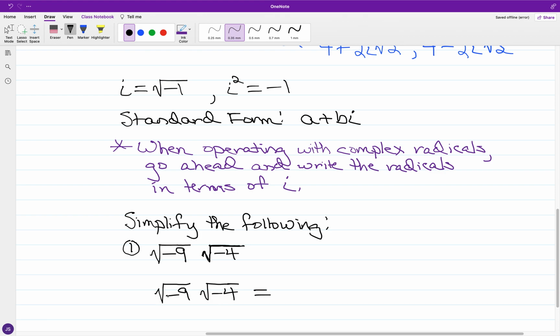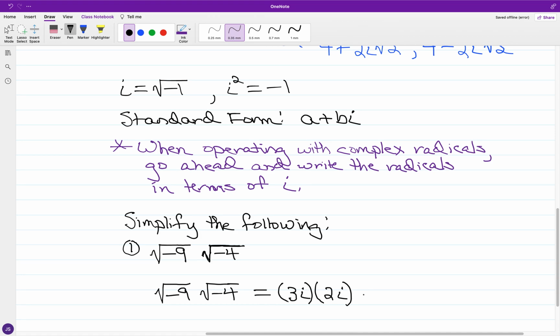For the square root of -9, that is going to be 3i. And for the square root of -4, the square root of 4 is 2, but the square root of -4 is going to be 2i.